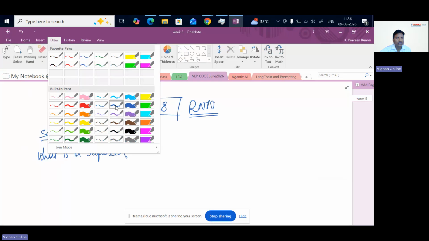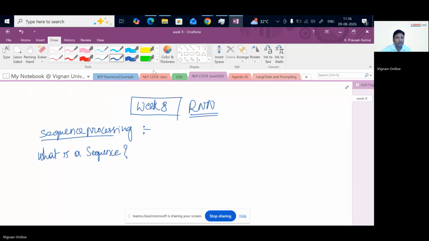Can we increase the thickness of this? What is the sequence?